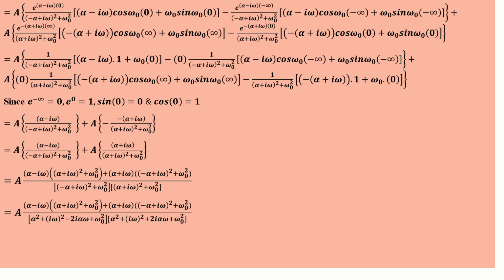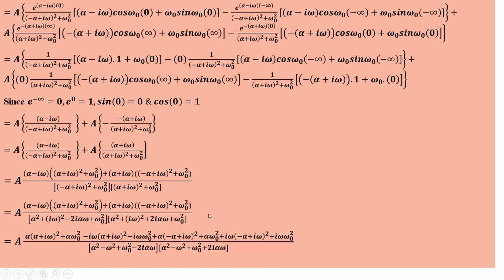So alpha square plus I omega square plus 2I alpha omega plus omega naught square, which is equal to a into, so we are splitting the terms in the numerator. First multiply alpha into alpha I omega square, alpha into omega naught square minus omega square plus omega naught square minus 2I alpha omega. Similarly the second term alpha square minus omega square plus omega naught square plus 2I alpha omega, right?